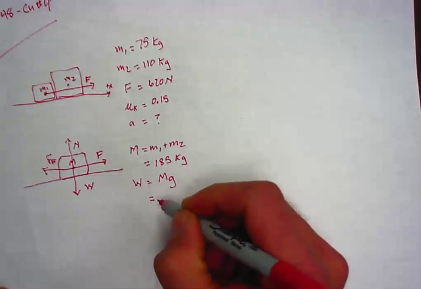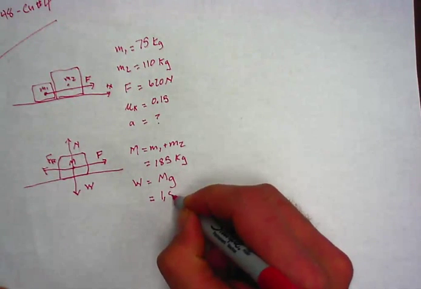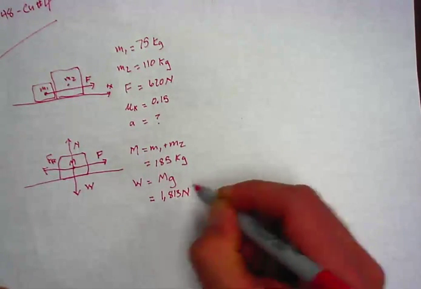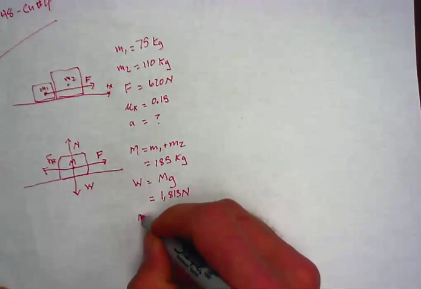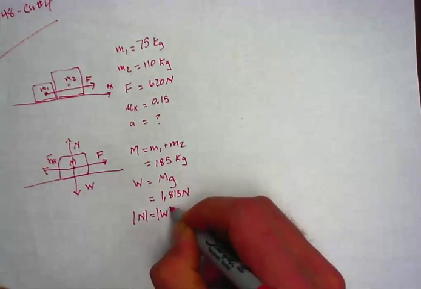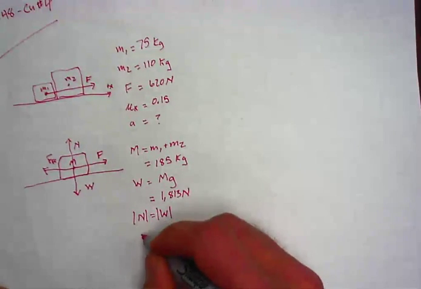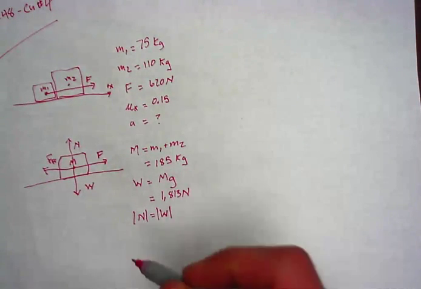It would be 1,813 newtons. Now, in this case, the normal force should be equal to the weight, equal in magnitude, opposite in direction. So I also know what the normal force is.